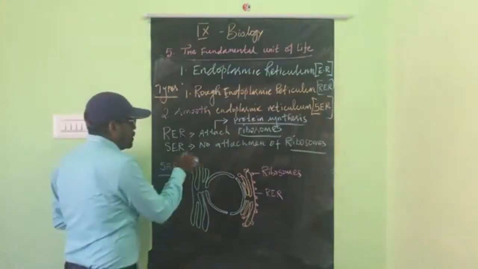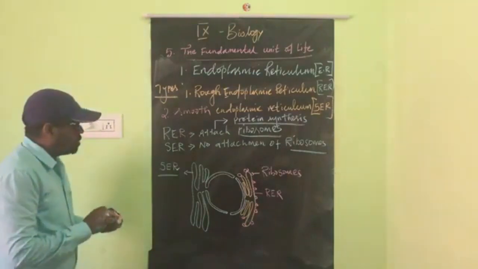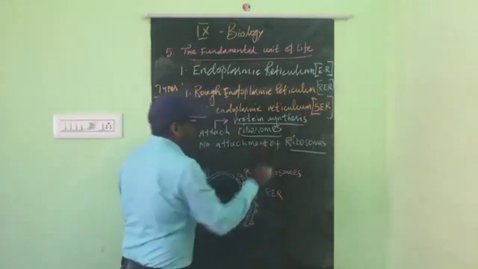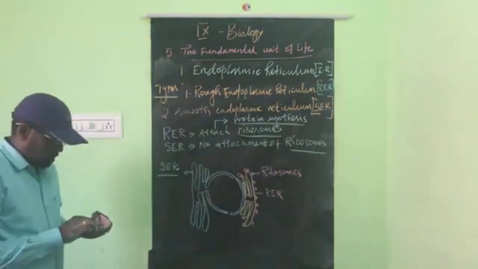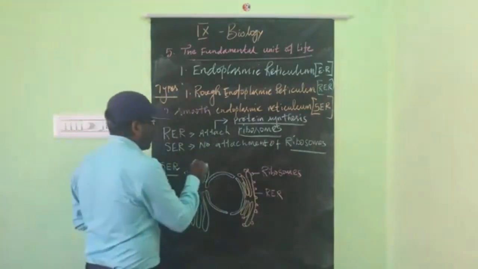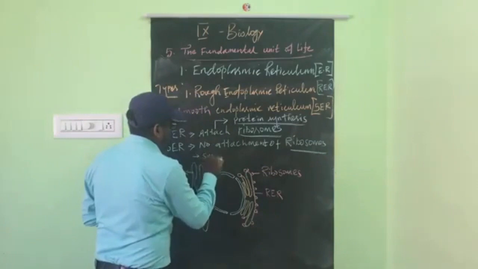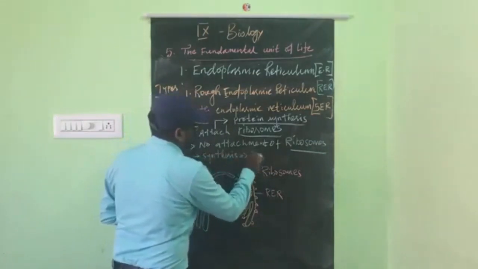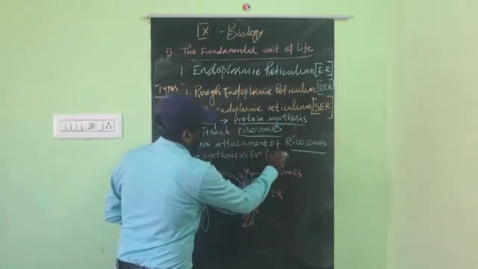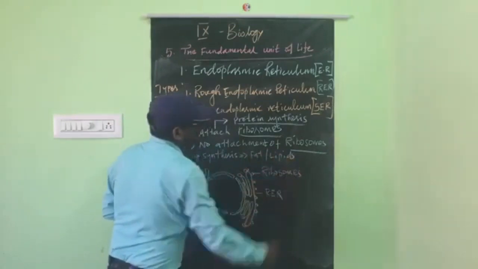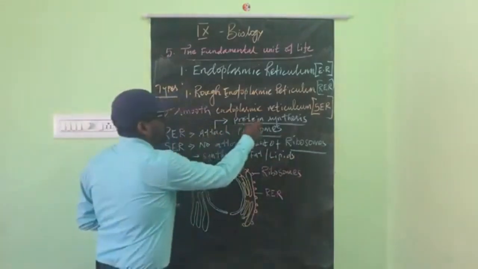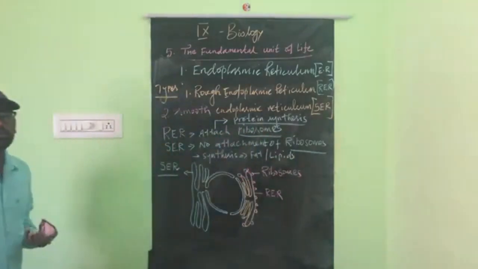And smooth endoplasmic reticulum: here there is no attachment of ribosome. So instead of synthesis of protein, it starts to synthesize fat or lipids. Again, rough endoplasmic reticulum is involved in protein synthesis.